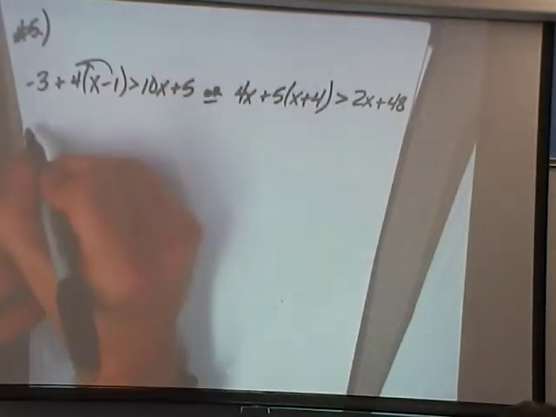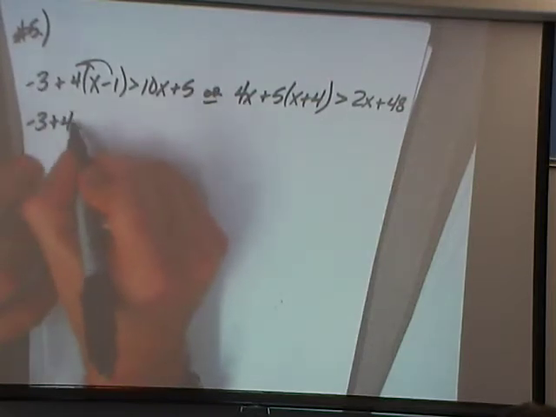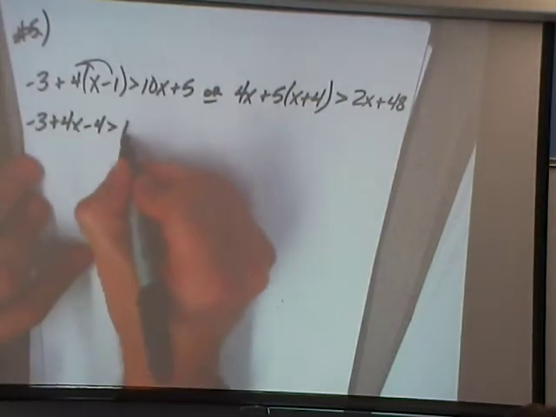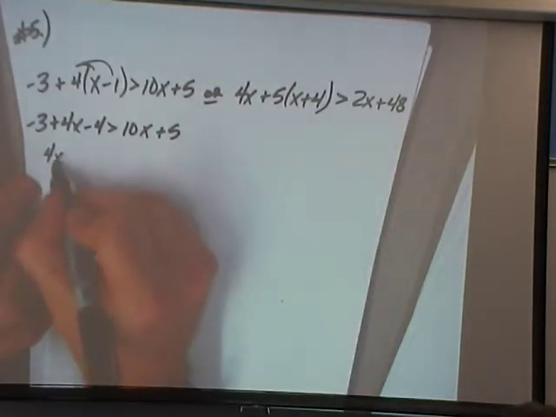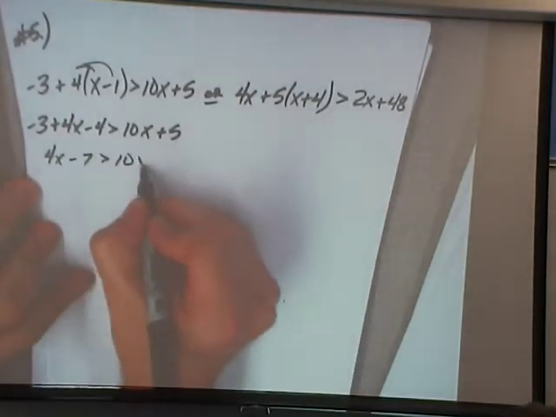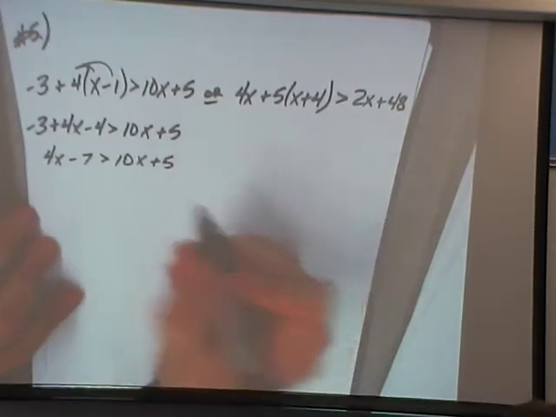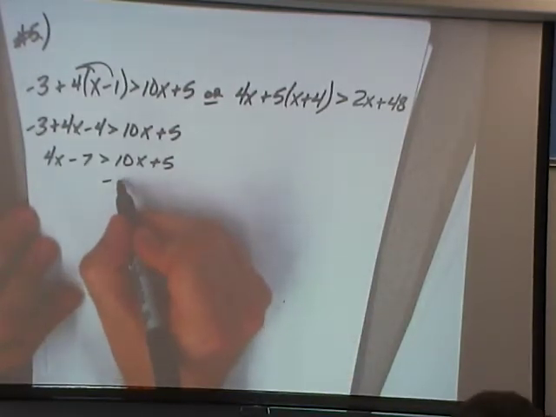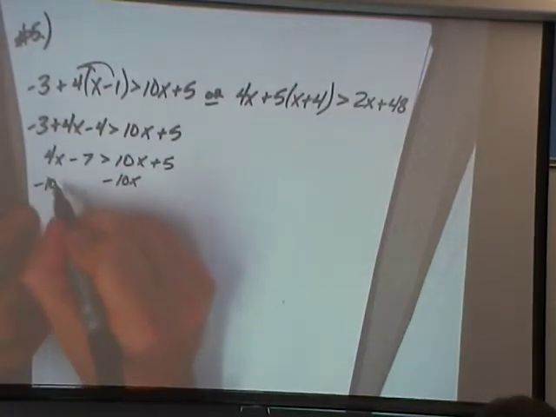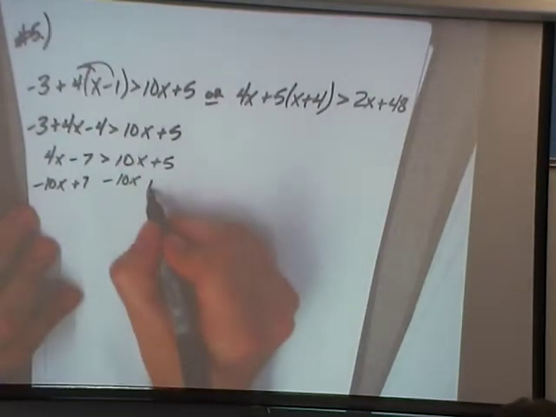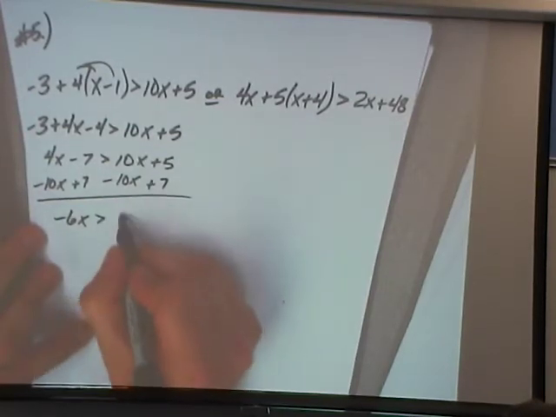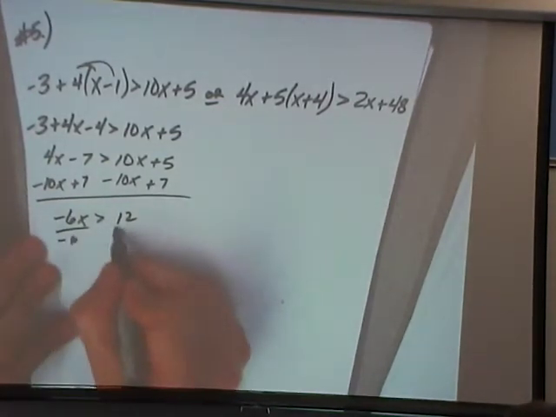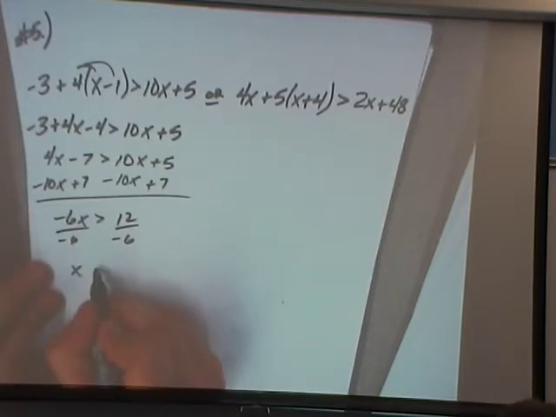I'll distribute first. Combine some like terms. Get the x's on one side. Negative 6x greater than 12. Divide by negative 6. X is going to be less than negative 2. Don't forget to flip the sign.